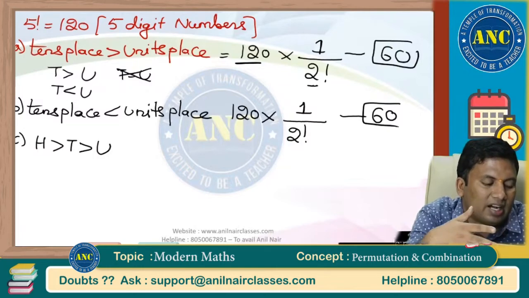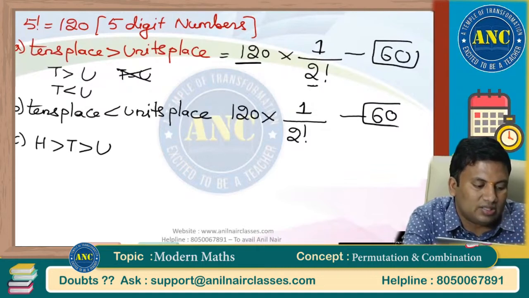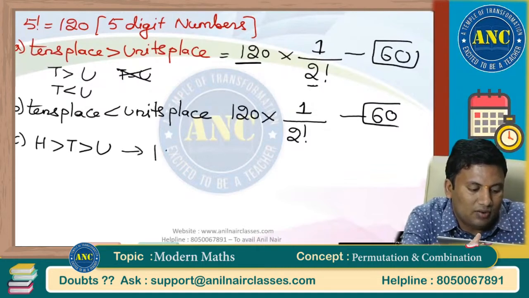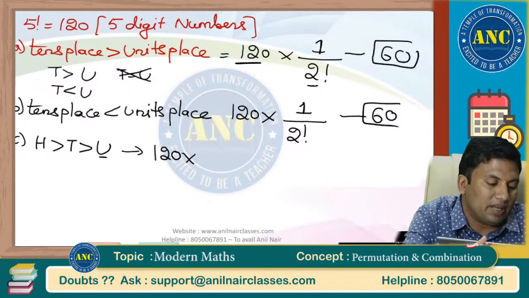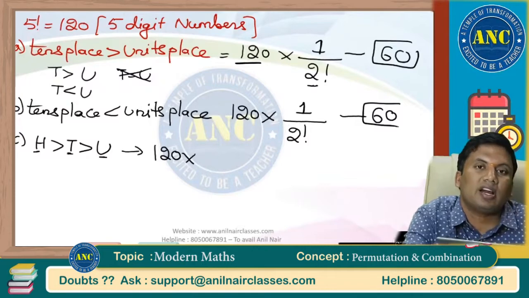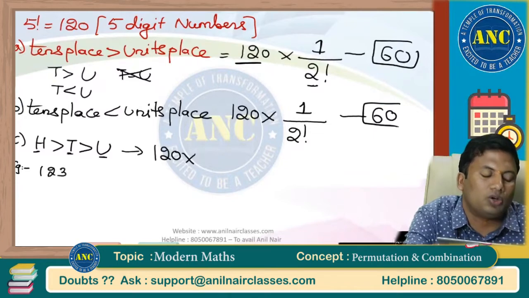Hundreds place greater than tens place greater than units place. Forget about these place values. Actually, 120 numbers are there. 120 into. How many places are there? Units place, tens place, hundreds place. Example, suppose the last three places take 1, 2, 3.